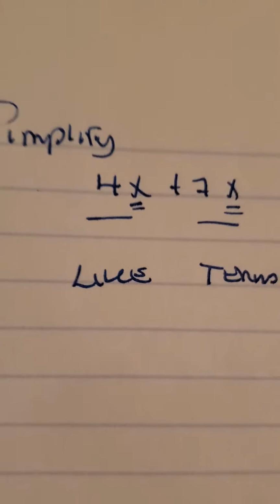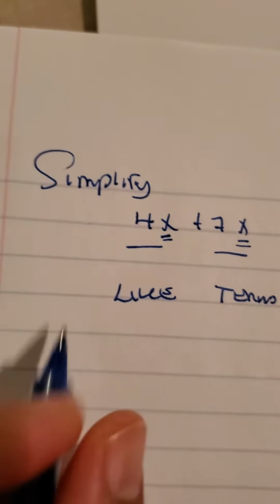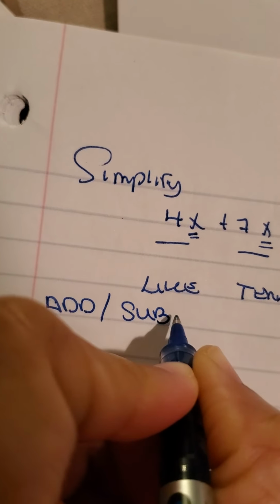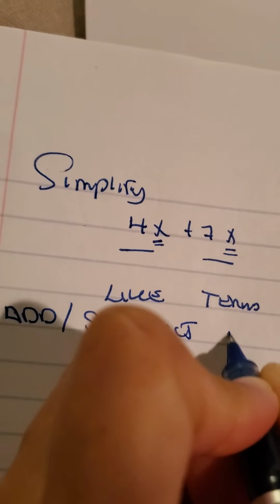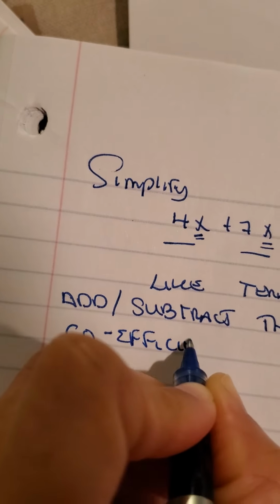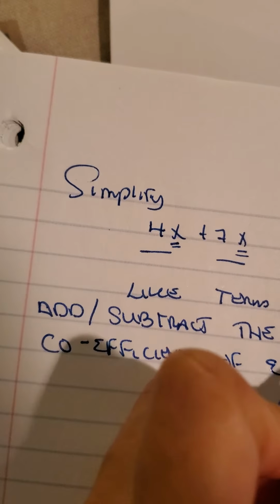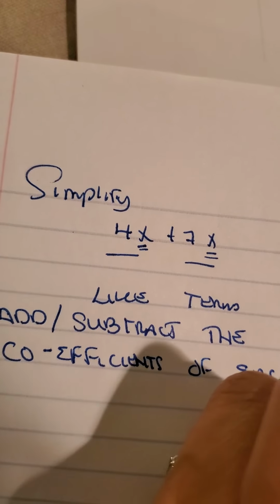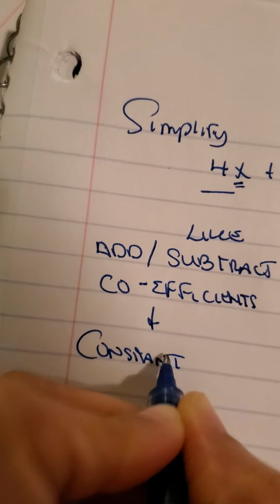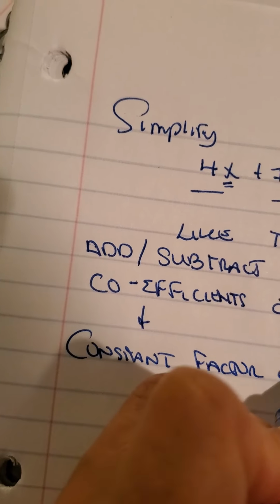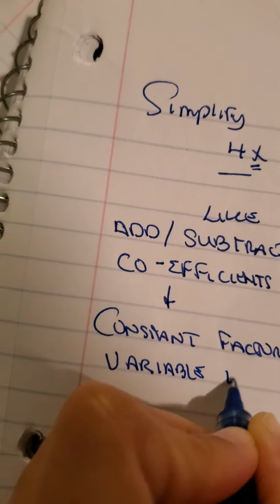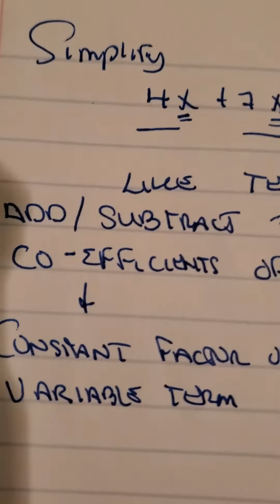To keep things simple, you only add or subtract the coefficients of each term. And what a coefficient is, it's the constant factor of a variable term.